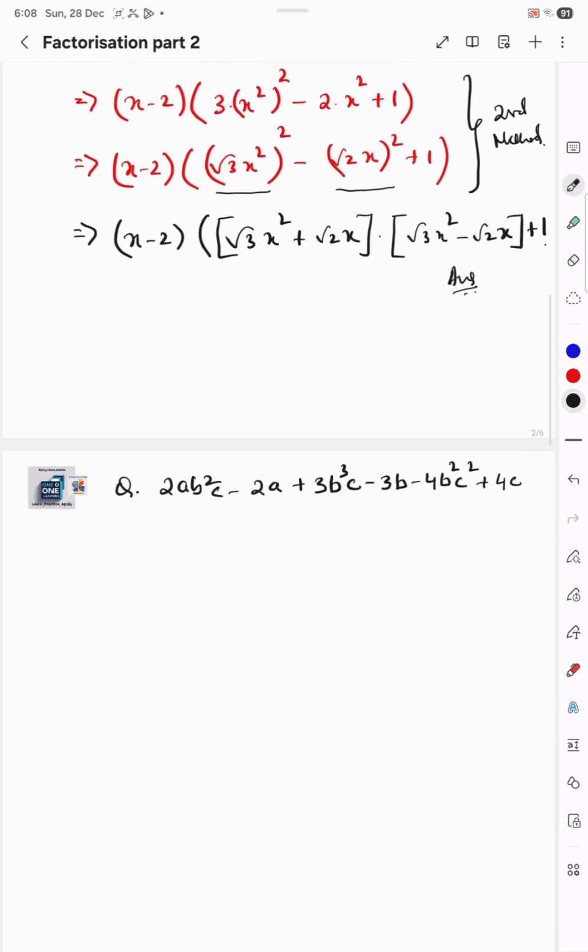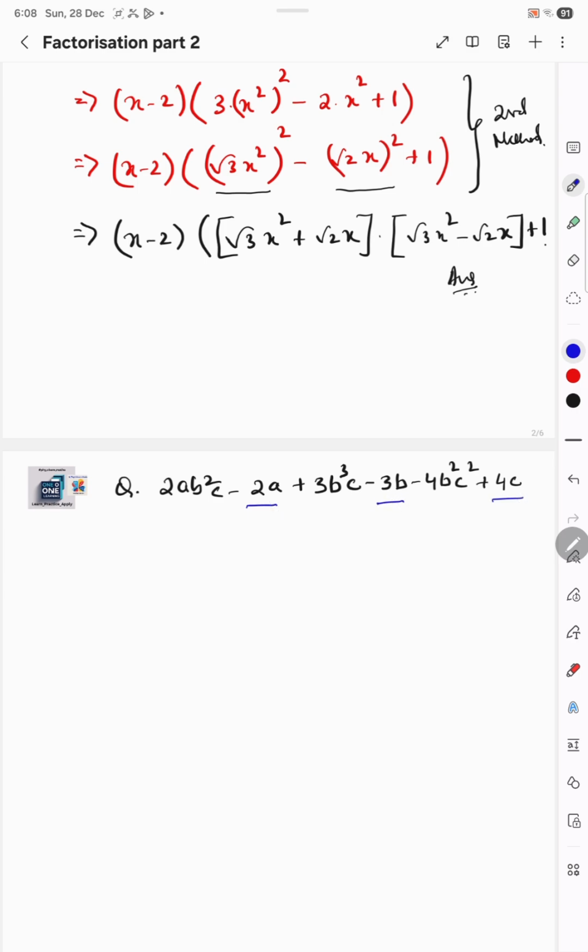So we have 2ab square c minus 2a plus 3b cube c minus 3b minus 4b square c square plus 4c. So now see, if we look at this carefully, we have 2a 3b 4c.